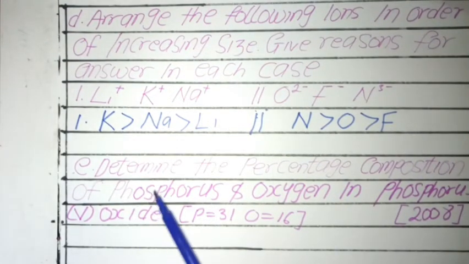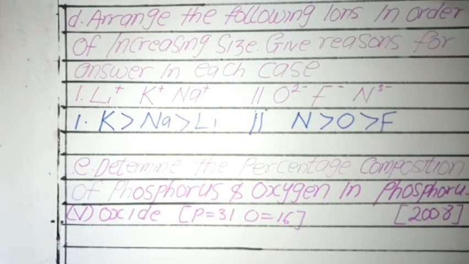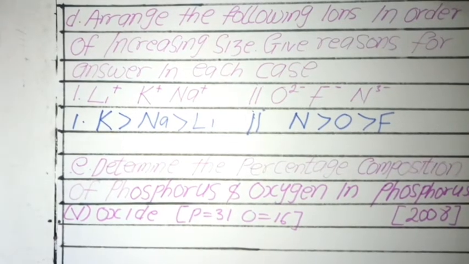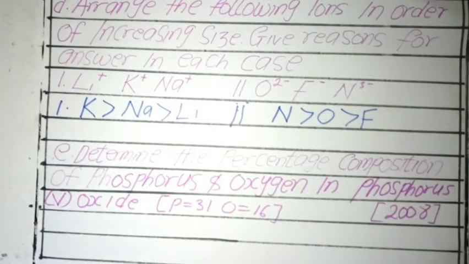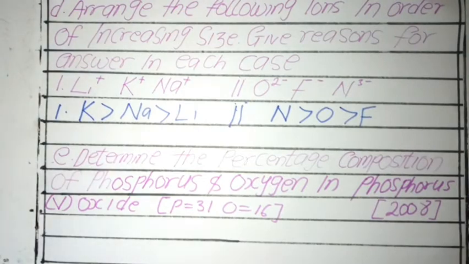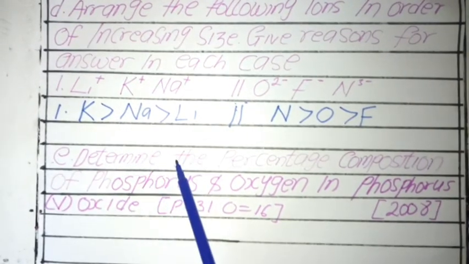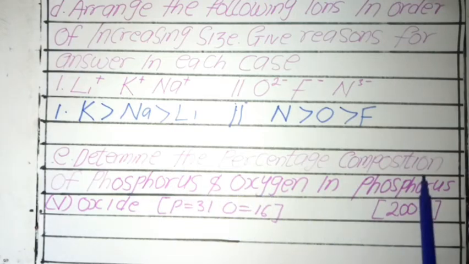So this last question. Determine the percentage composition of phosphorus and oxygen in phosphorus(V) oxide.